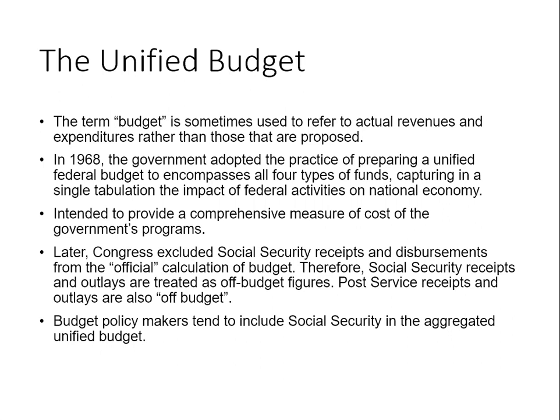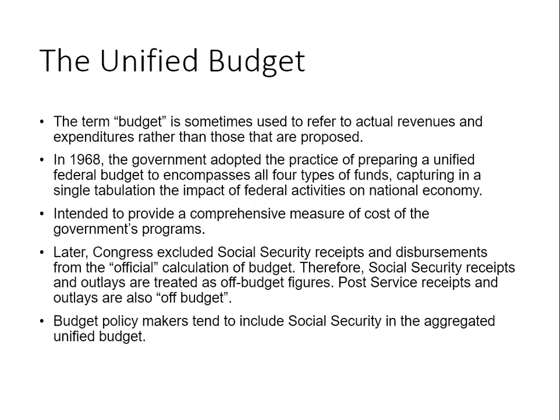So later on, Congress excluded Social Security receipts and disbursements from the official calculation of the budget. Therefore, the Social Security receipts and outlays are regarded as off-budget figures, but those figures are huge. Post Office receipts and outlays are also off budget.